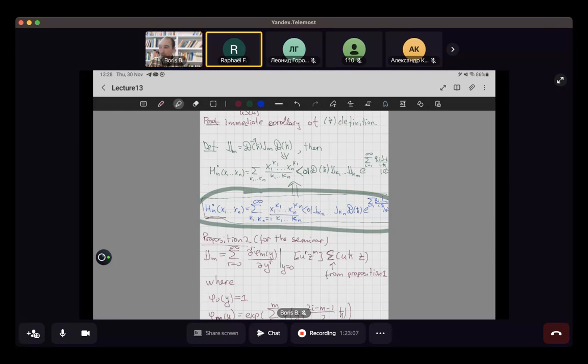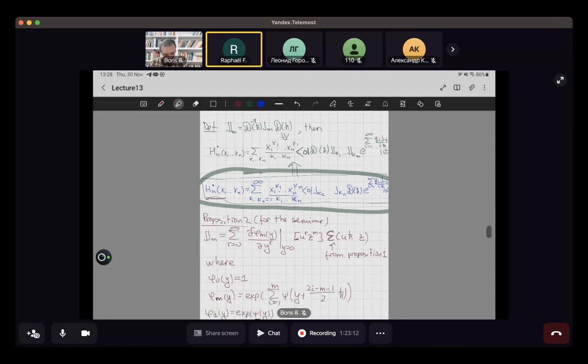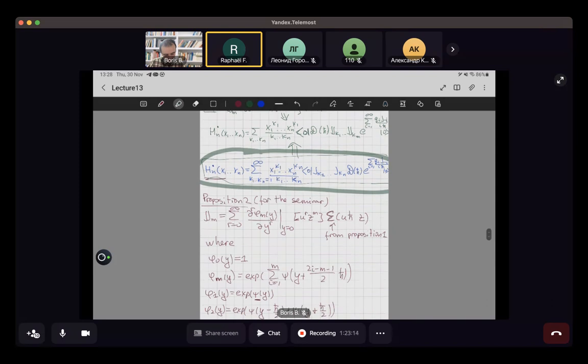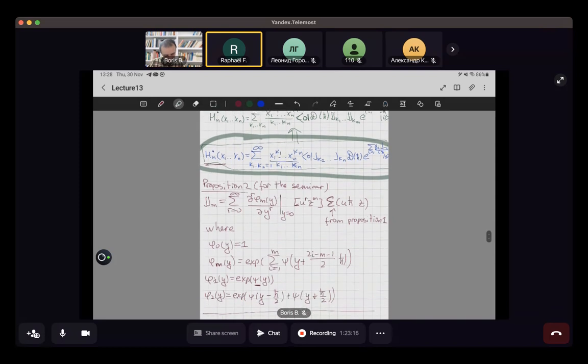Another question. So we have this boson-fermion correspondence, and basically here it's for GL infinity, and there are some other algebras. Here we have a lot of good notations, and all this is for GL infinity hat, basically.